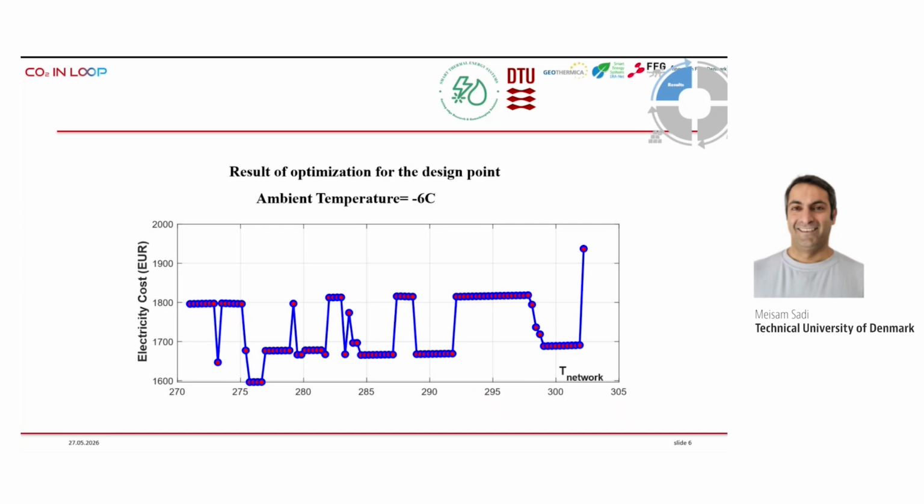We could then perform the optimization algorithm on that. Here we defined the operation expenses, or the electricity price through the year, as the objective, to see how the system performs and how we can compare the scenarios.